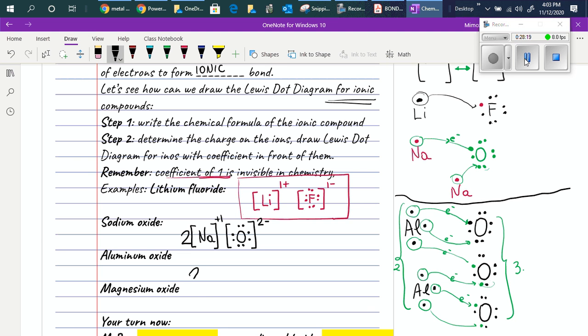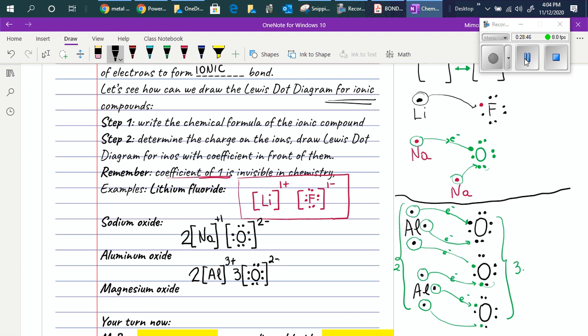We have 2 aluminum ions, each of them is +3, and then we'll have 3 oxygen, which have a valence shell completed with 2-.